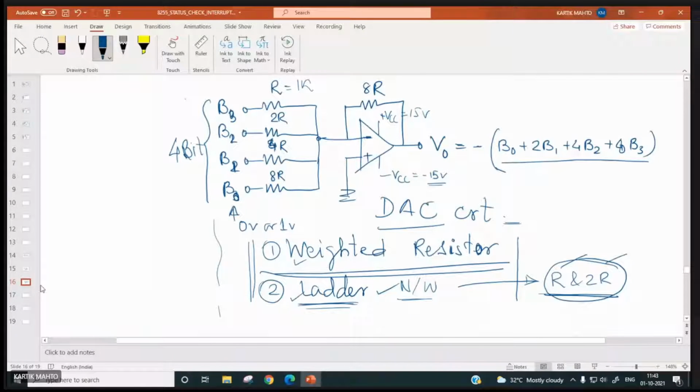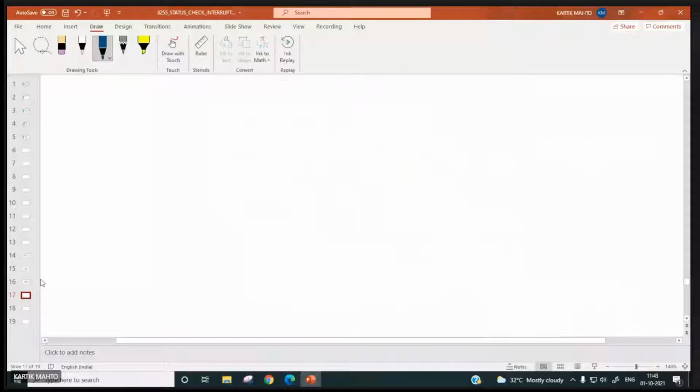Its weights of the resistance are the disadvantage. Another is your ladder, which overcomes this disadvantage, and the solution comes with R-2R. Now I'm coming to the next part.